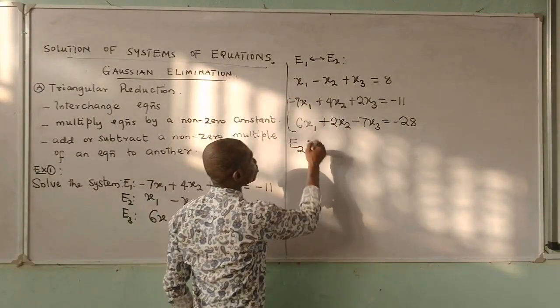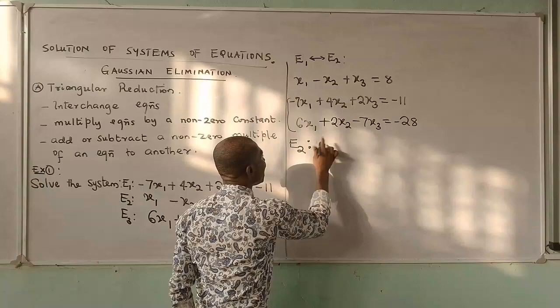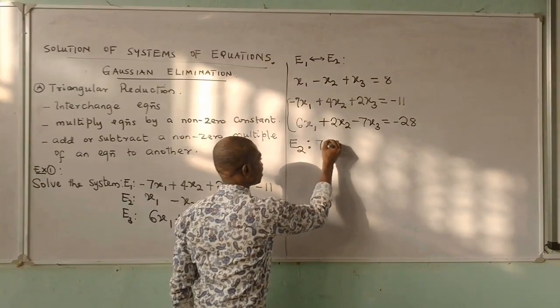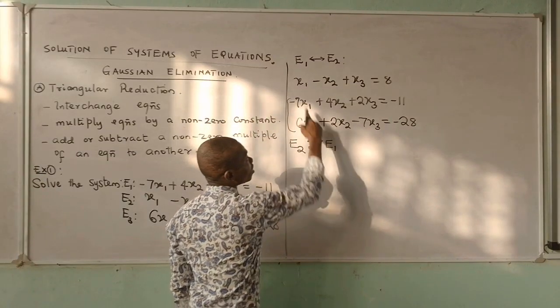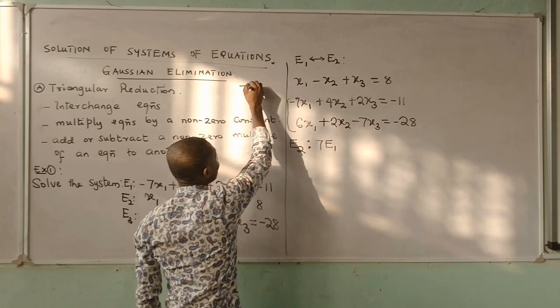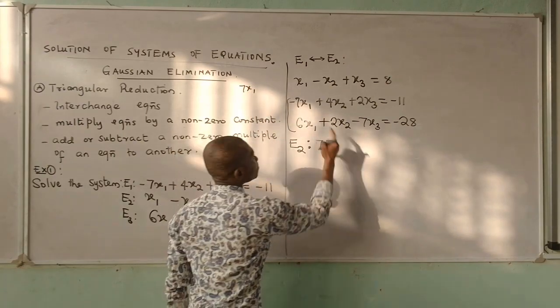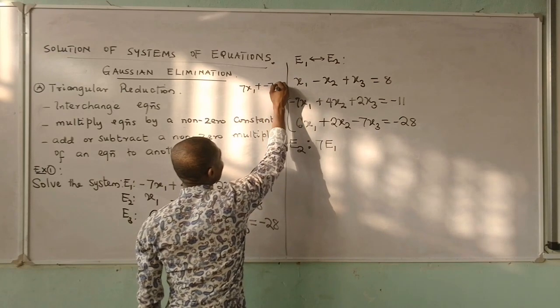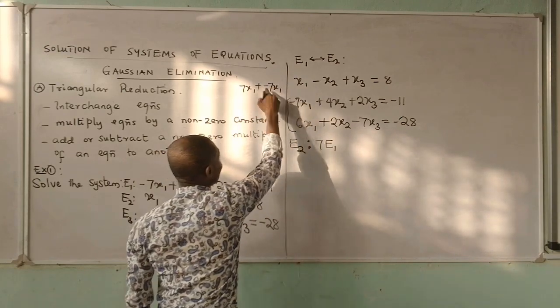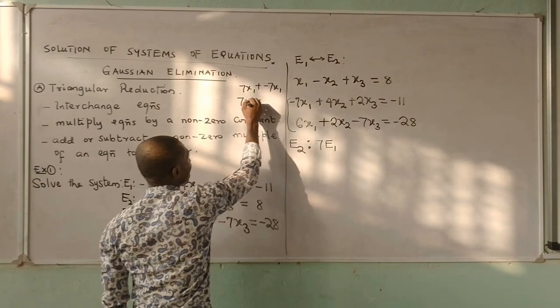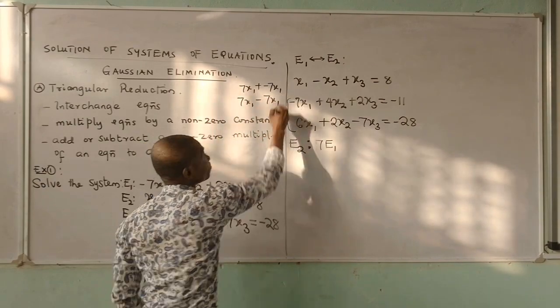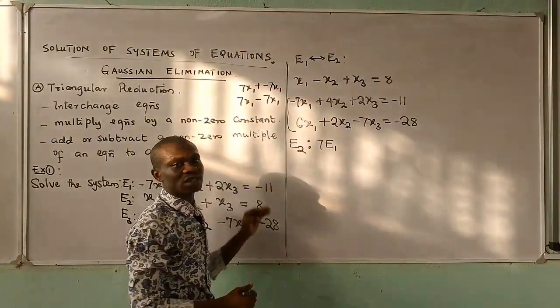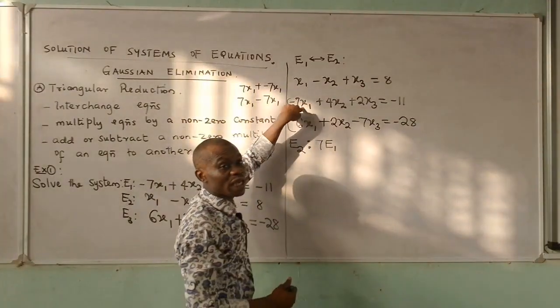If I multiply E1 by 7, this is going to become 7x1. Then if I add it to this one, of course, 7x1 minus 7x1 will be 0. So x1 will be eliminated here.